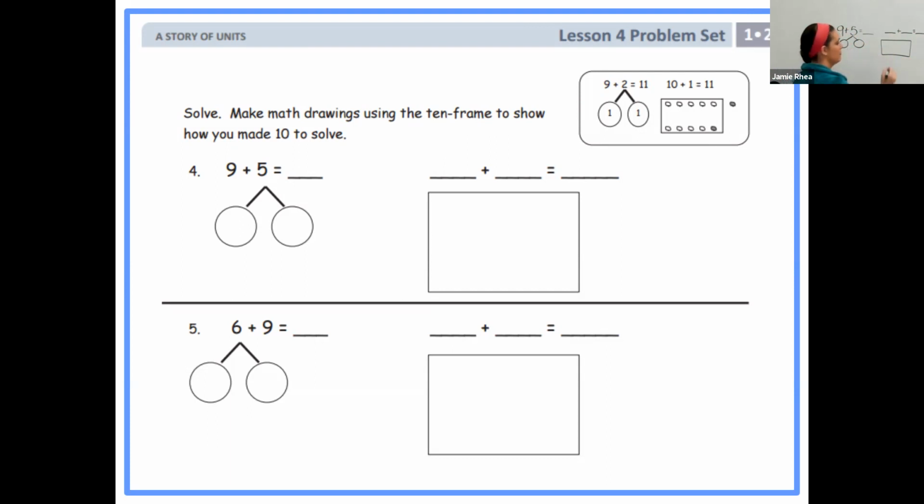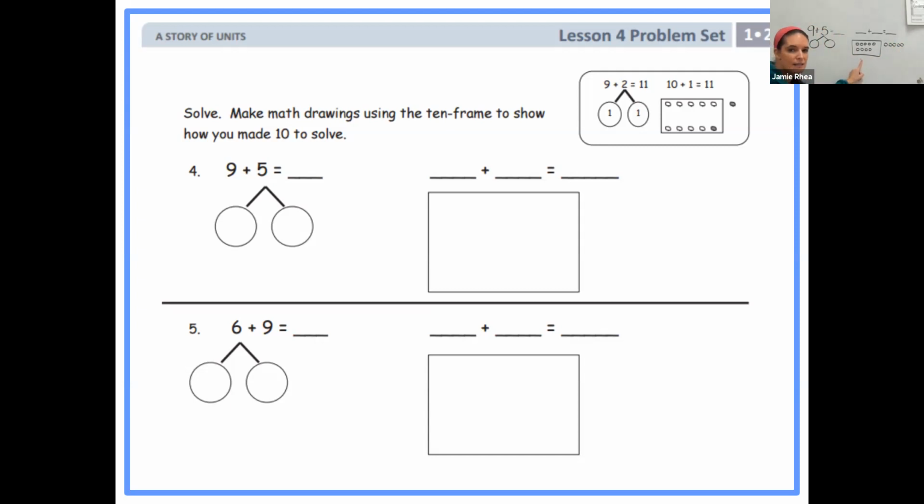I've got 9, so I'm gonna draw 9 in my box. 1, 2, 3, 4, 5, 6, 7, 8, 9. I need to draw 5 more. Okay, so let's look at our 5 more. 1, 2, 3, 4, 5. Okay, now I have my 9 and my 5, just like it had over here.